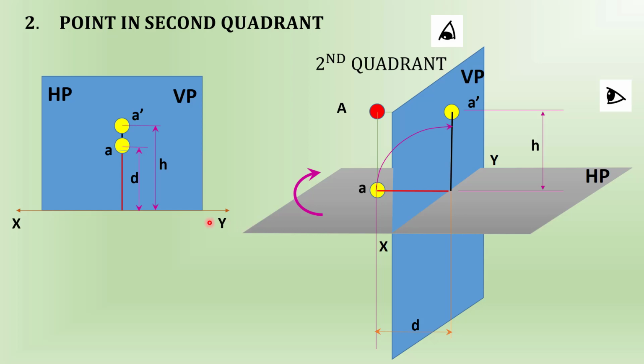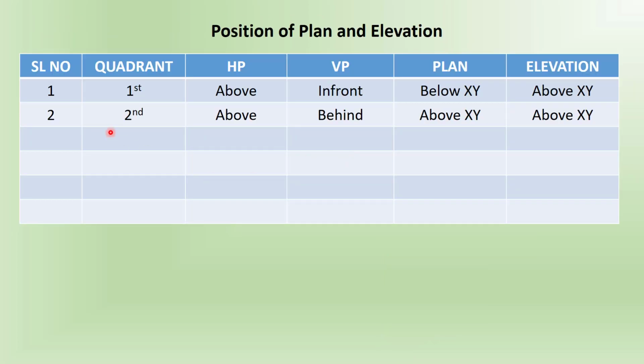And you know the reason why you are getting a and a dash above the xy line: both VP and HP will be above the xy line, since you are rotating this horizontal plane in the clockwise direction. So the second quadrant will be above the horizontal plane and behind the VP, right? So where will you get the plan? Above the xy line. Where will you get the elevation? That also will be above the xy line.